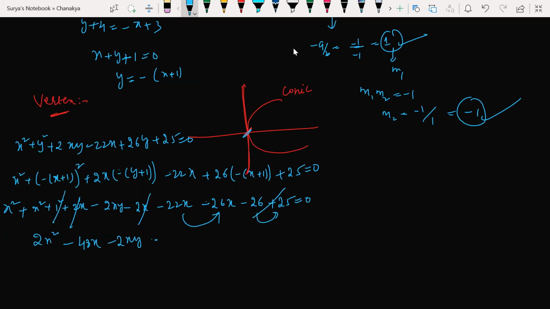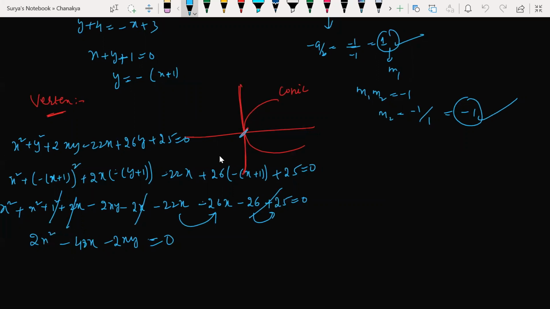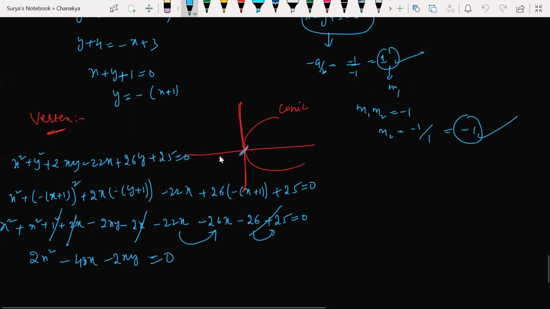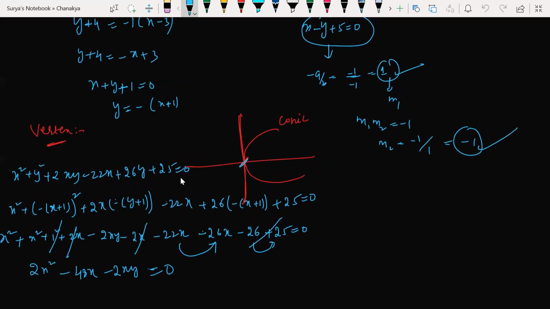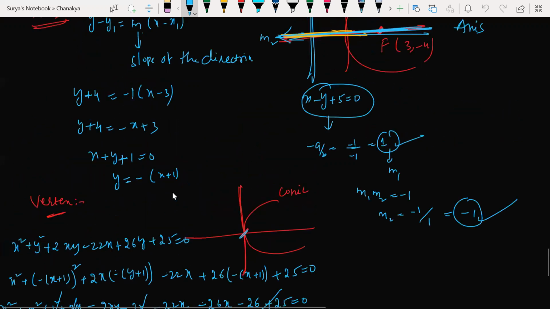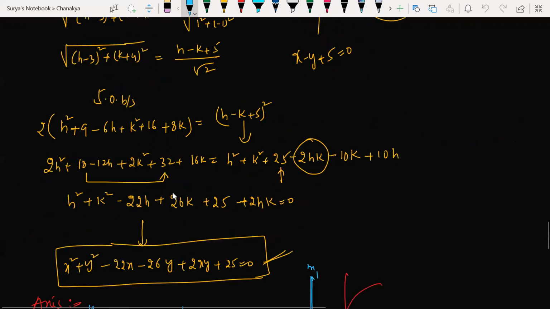Minus 1 plus 1 will get cancelled, so it is equal to 0. So this is what I am left with now. Any doubt, guys? Here I got in terms of x and y, and is there anything that you are left with again? Nothing. Okay, perfect. So this is what I got here. Any doubts? This is my vertex.